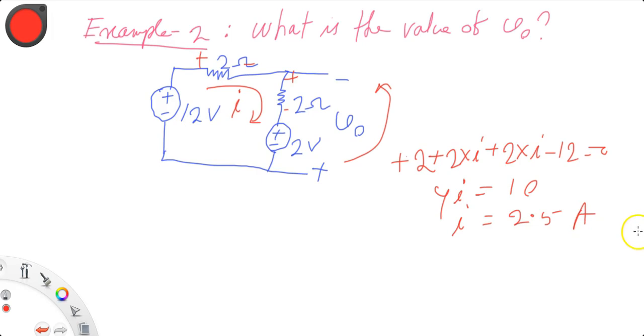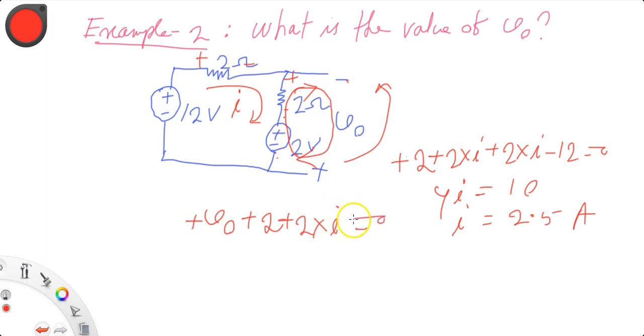Clear? Now I need to find V0. I will be using the traversing direction in between this. I will traverse this way, negative to positive, so positive V0, then this way negative to positive, so positive 2 volt, then negative to positive, then positive 2 into current I equal to 0.